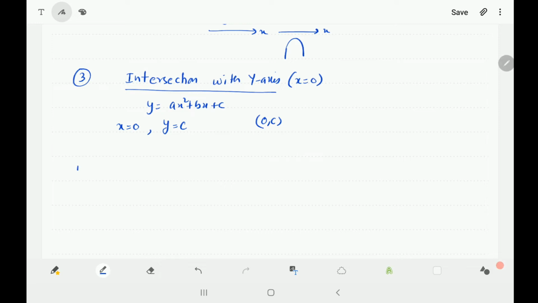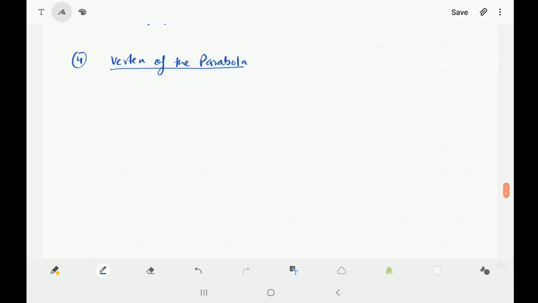Okay. Now the fourth point is the vertex of the parabola. So how to find the vertex of the parabola? Whether it is opening upwards or opening downwards, in terms of a, b, c, the value of the vertex is the same.